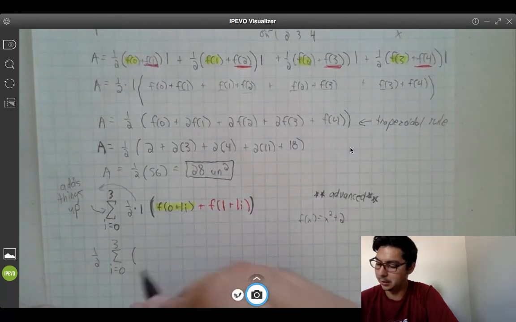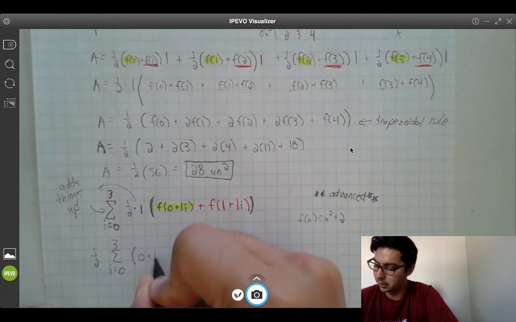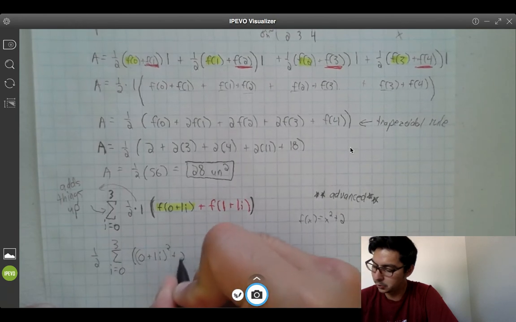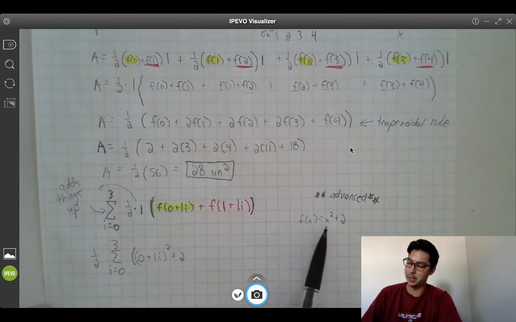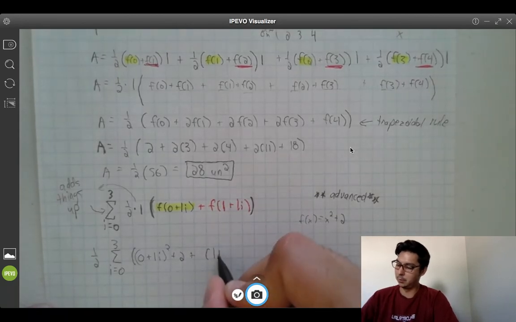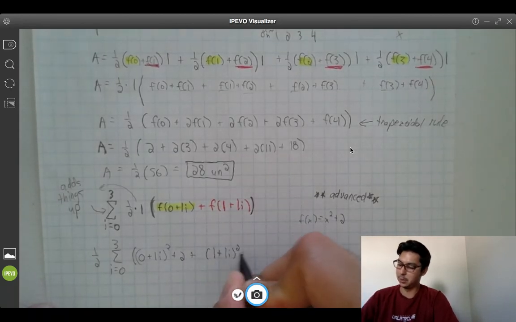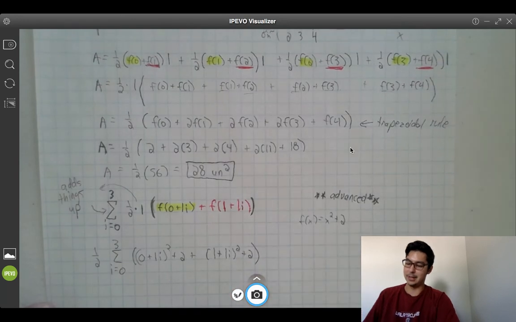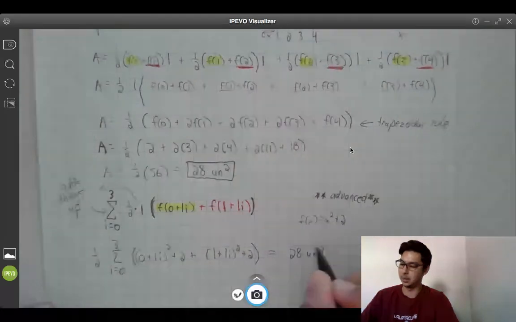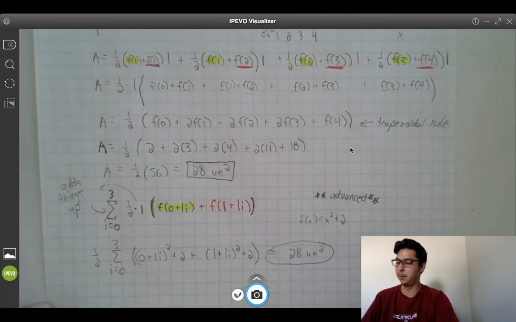So if I put that in, it would be 0 plus 1i squared plus 2, because I would put that where the x is, plus 1 plus 1i squared plus 2. And that you could put in a calculator, and you would also get 28 units squared, I believe. Hopefully I did that right.